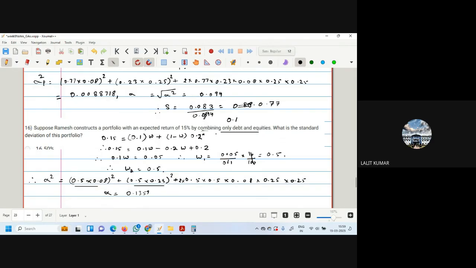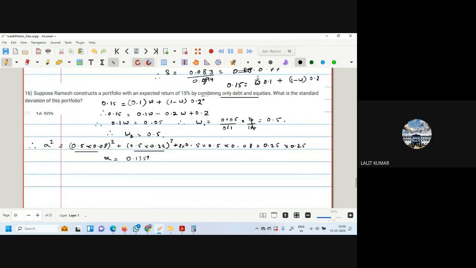You just make 0.15 equal to W into 0.1 plus 1 minus W into 0.2. Solve for W, so you will get the W of the debt. And then you get 1 minus W for the equity. This is easy. And then they have asked for the standard deviation also. So you put it in the formula of variance and you get that.